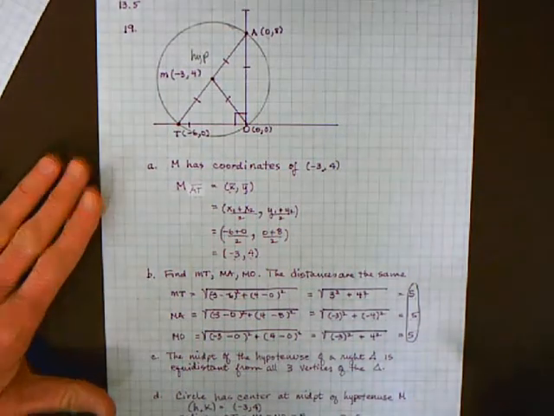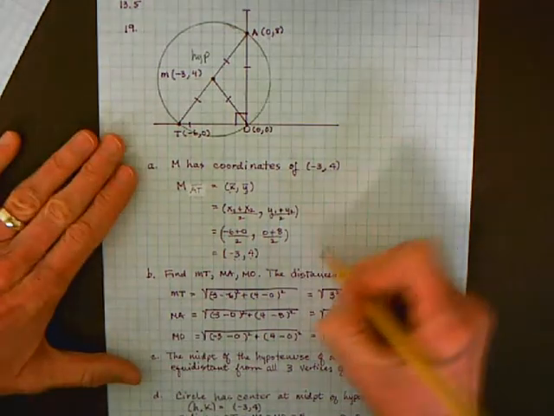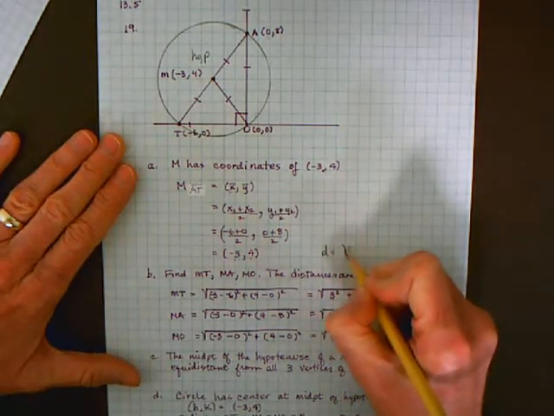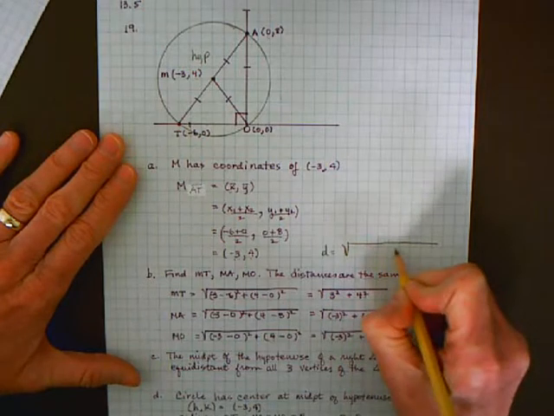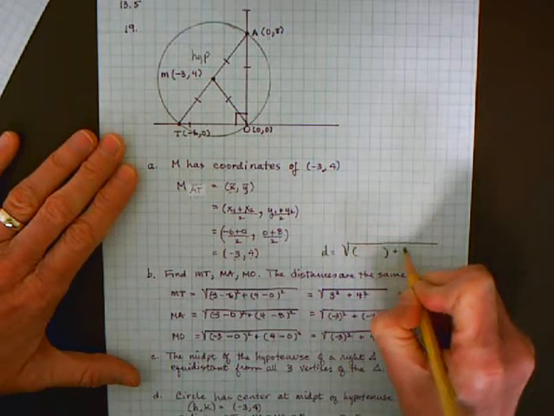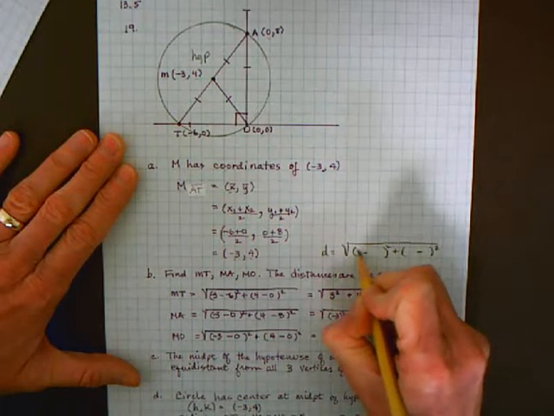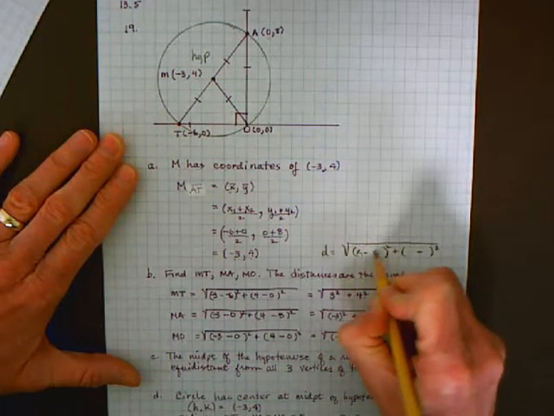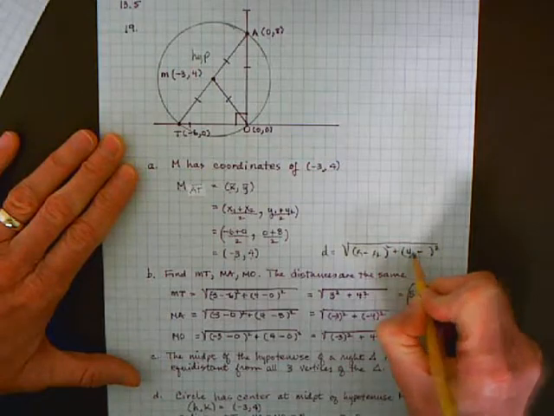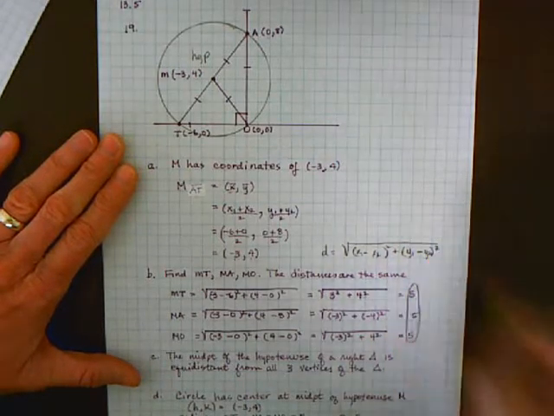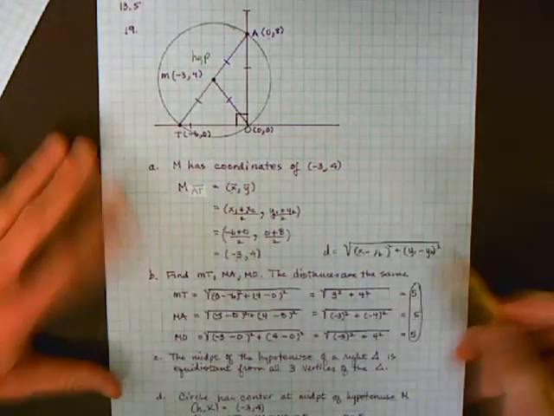Okay, all I'm doing is using the distance formula, which I'll write out for you guys just in case you forgot. Square root of the sum of the squares of the difference of the x and the y coordinates. So there is your distance formula, which is what I used here. All right.